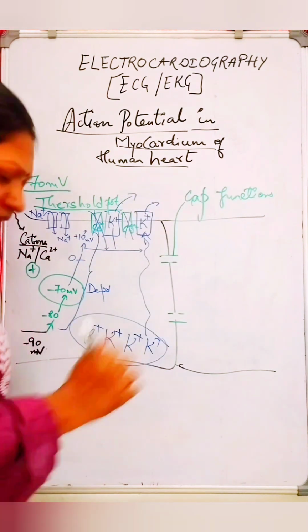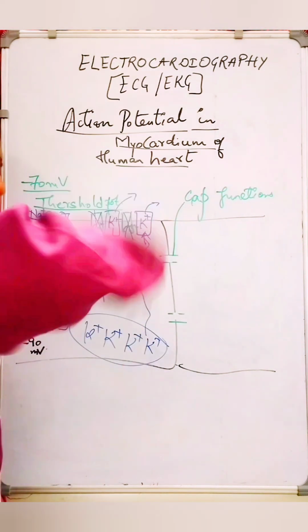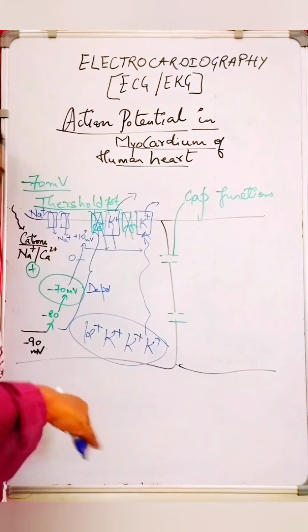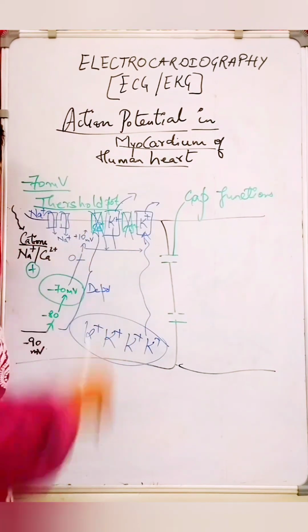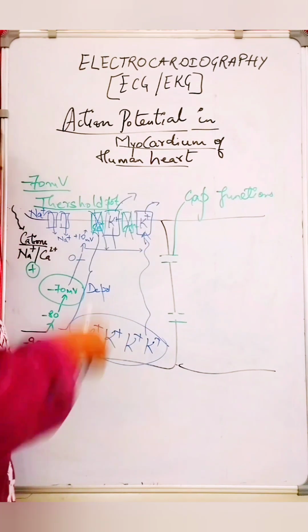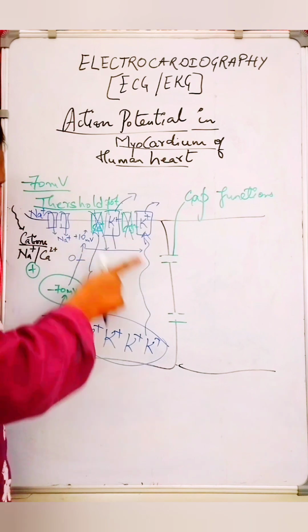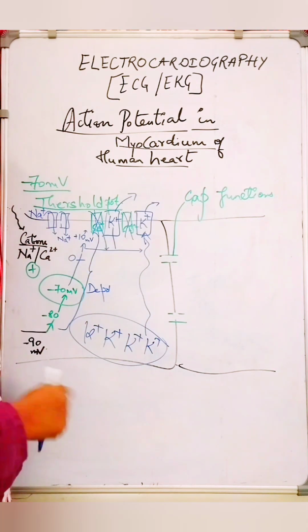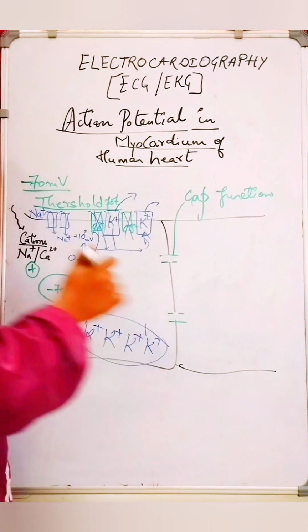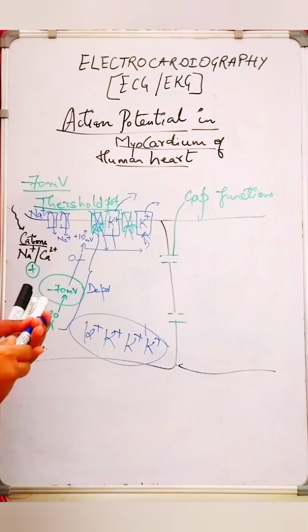So now you tell me, when more positive charges are going out and no positive charges are coming in, what will happen to the curve? Will it be stable, or will it again become depolarized, or will it try to attain the negative charge again? It will try to come back to its electronegativity.